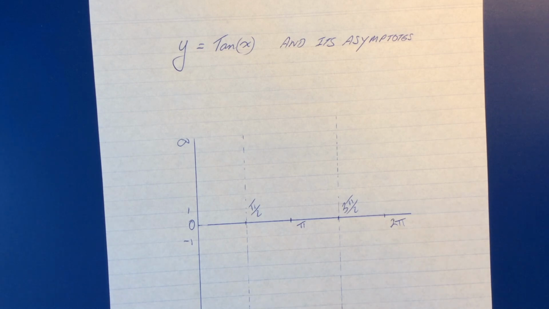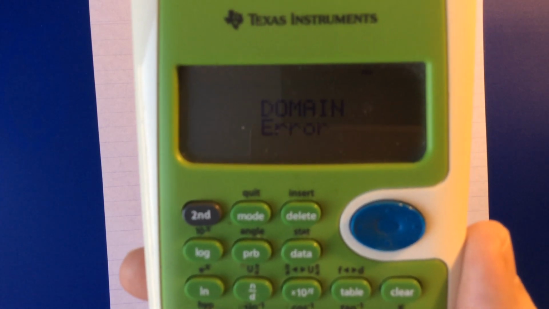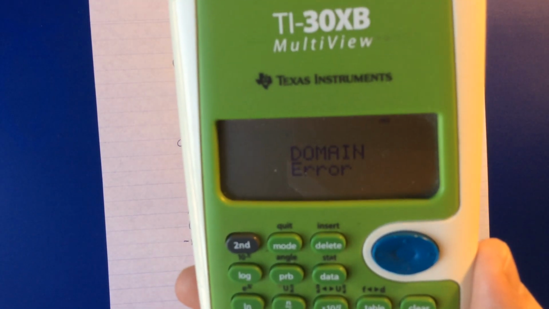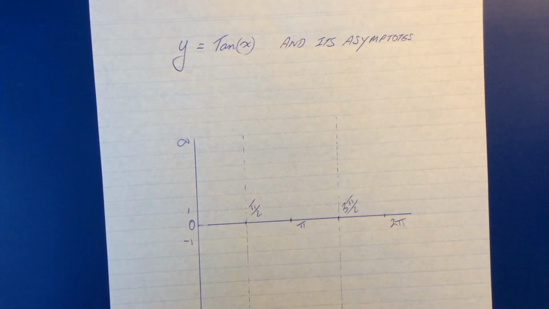Now, those of you familiar with tangents will know that if you ask your calculator to find the tangent of 90 degrees, it will do the following. Syntax error or domain error or something like that. And that is because the tangent of 90 degrees is undefined.